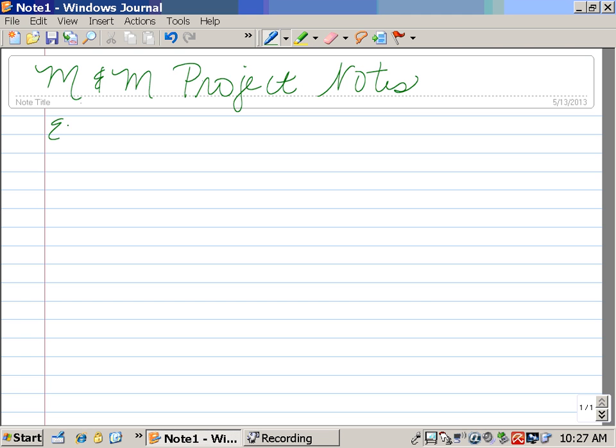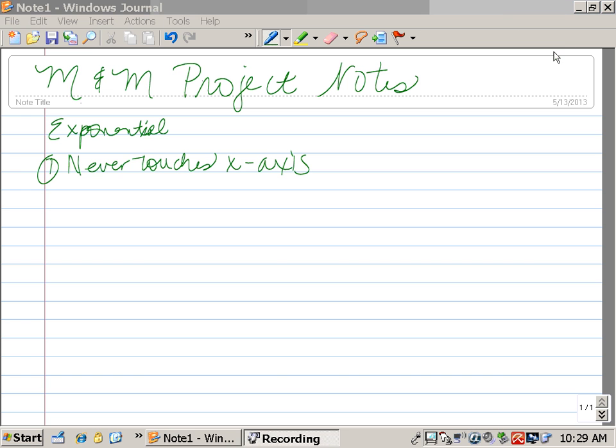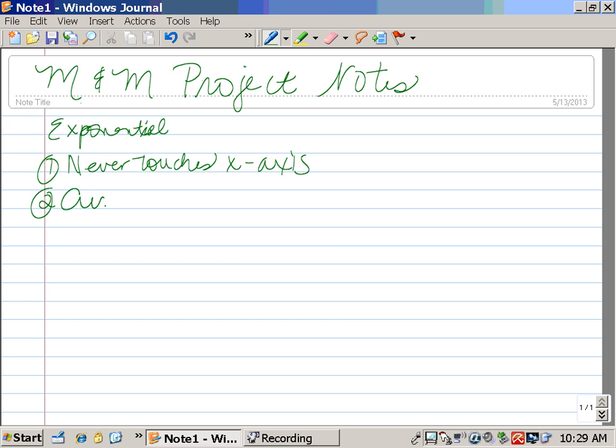Exponential that you know. Okay, what was the first one? Never touches the x-axis. Okay, our second thing is that it is curved.